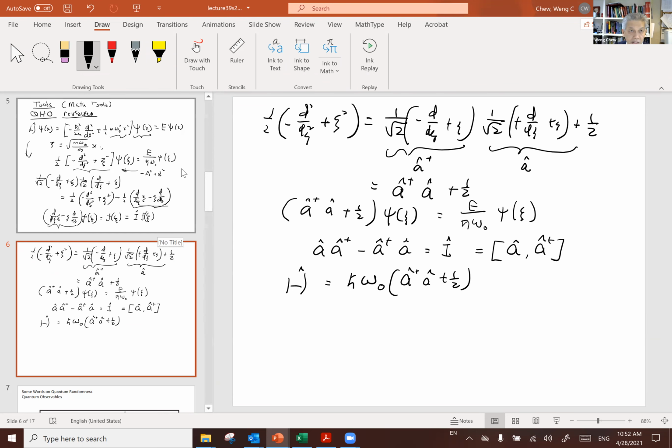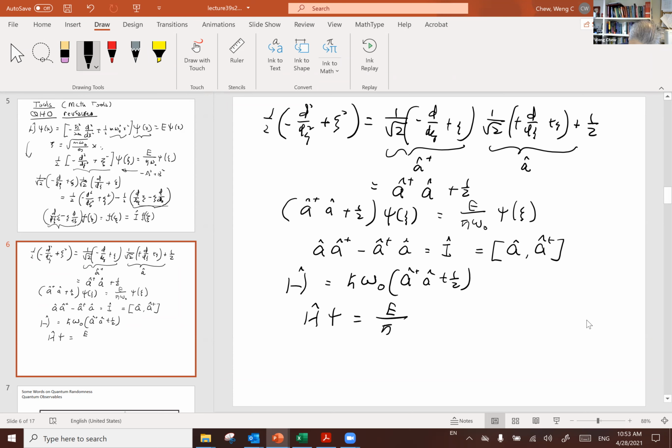And then the Schrodinger equation can be written as H psi is equal to E over h bar omega naught psi. No, let me see if I can write it. I don't have to put the h bar omega there. And I can write it like this.